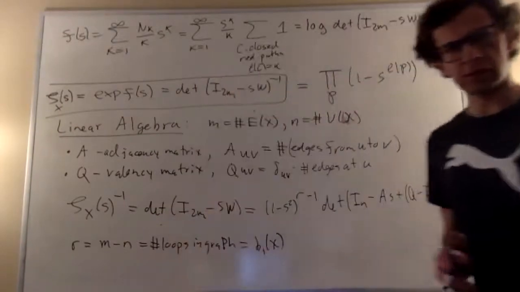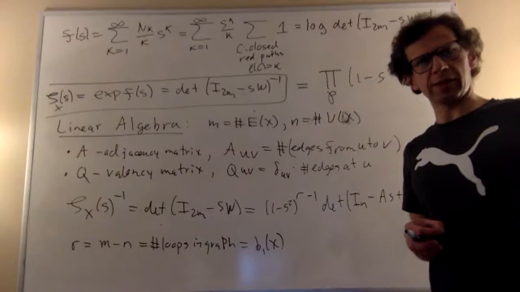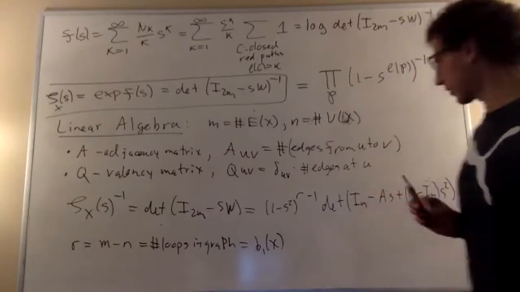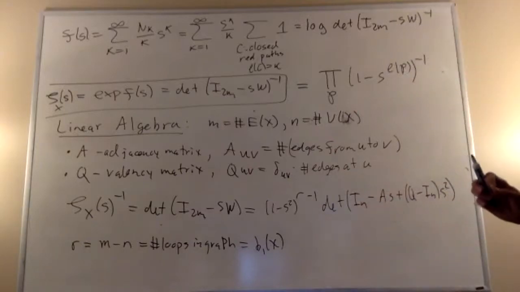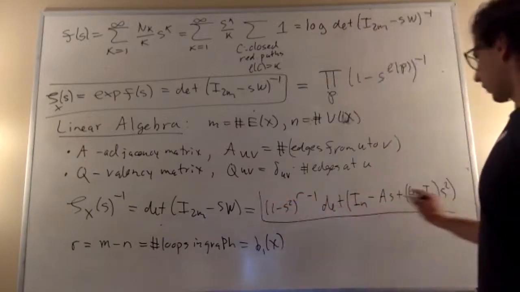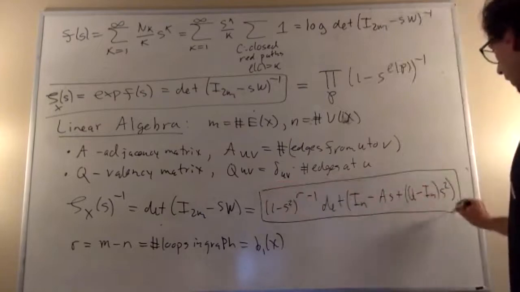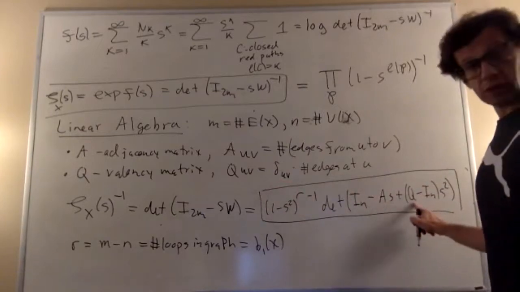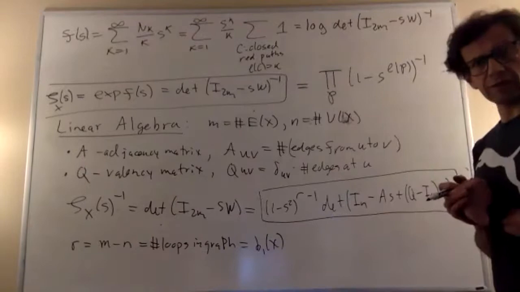Okay? So this is the rank of the abelianized fundamental group of the graph. It's all the same thing. Okay. So this is the actual formula which is best suited for calculations, because for a graph, finding its adjacency matrix and Q is you just stare at the graph and you find it. So let me just do an example.